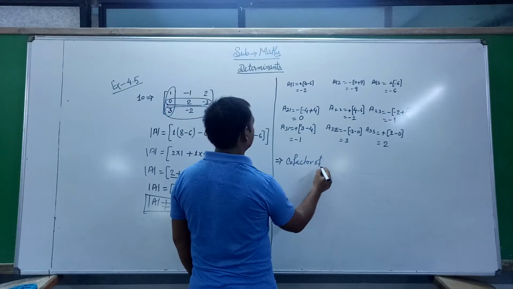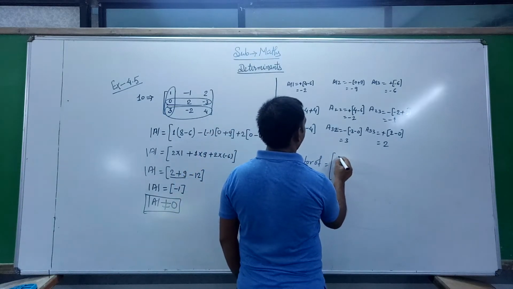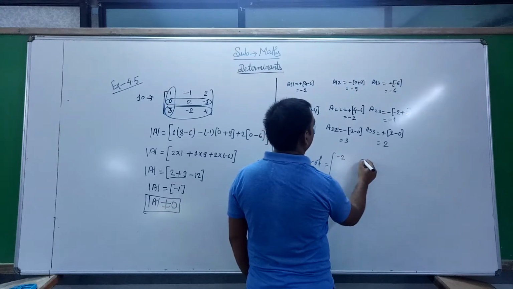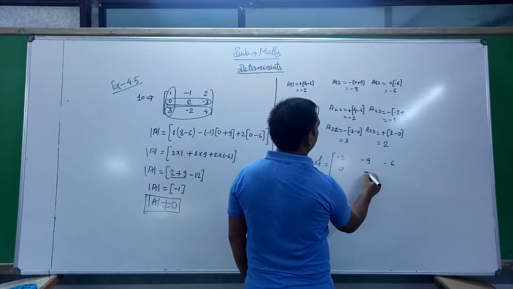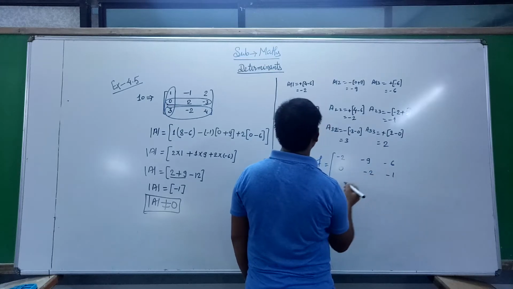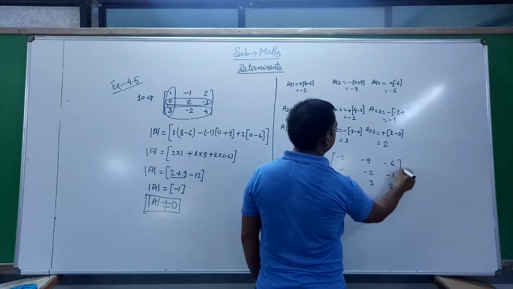of the matrix, that is equal to minus 2, minus 9, minus 6, 0, minus 2, minus 1 and minus 1, 3 and 2.